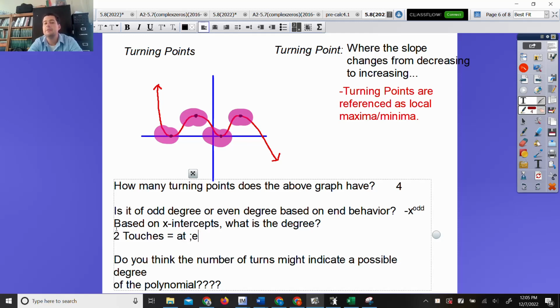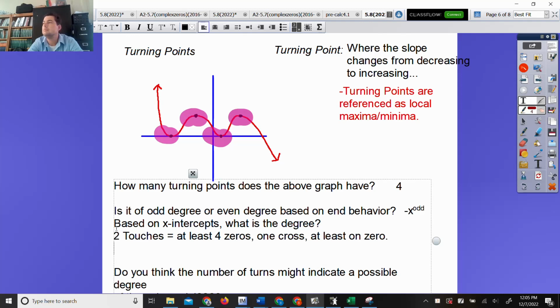At least 4 zeros. It is at least. And how many crosses you see? I see 1 cross, which is at least 1 zero. So, what's the least number of zeros it has? 5. It is at least x to the 5th.